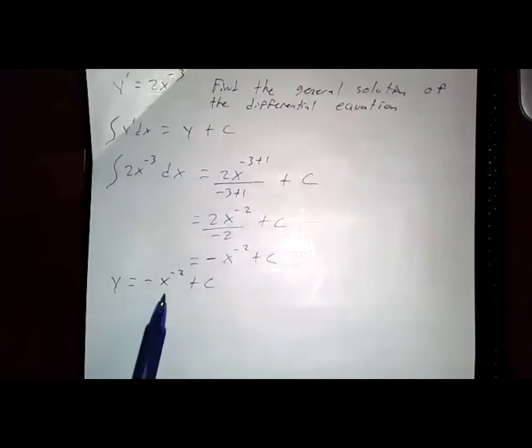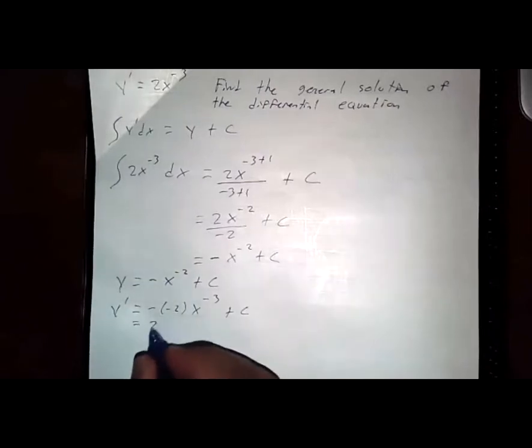Now, if you take a derivative of this, what do you get? Negative, negative 2x to the negative 3, right? Power. Did you bring down the negative 2? Is the minus already there?